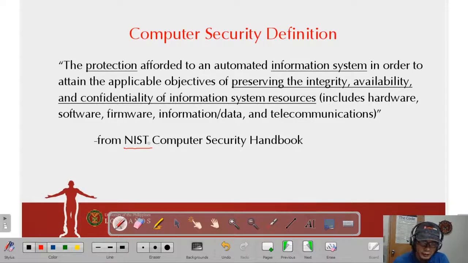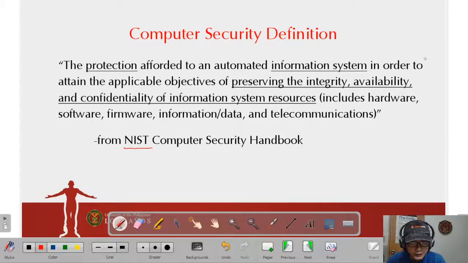In particular, we are interested in the definition given by the National Institute of Standards and Technology in the US from their publication Computer Security Handbook. This definition is quite straightforward, and it also encompasses the relevant aspects of computer security.